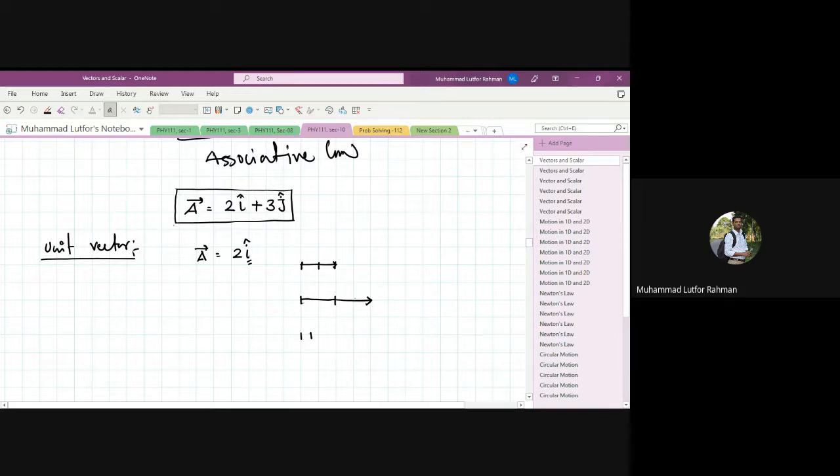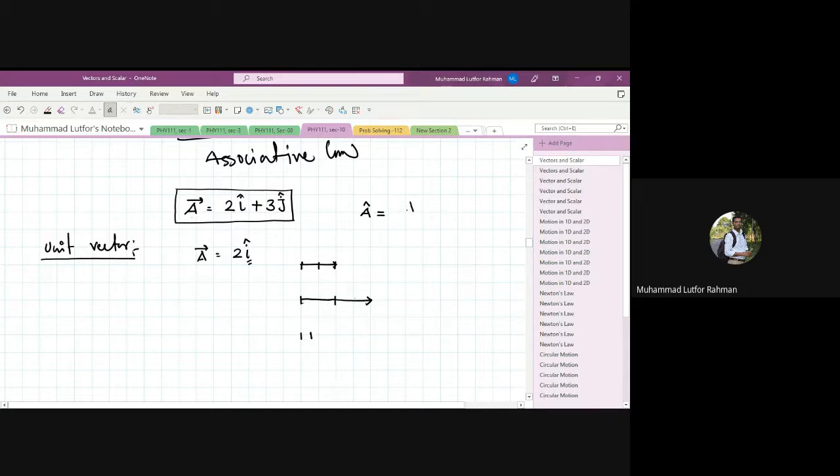Say, for example, you define the unit vector as the vector divided by the vector magnitude. I want to find the unit vector in the direction of vector A itself.